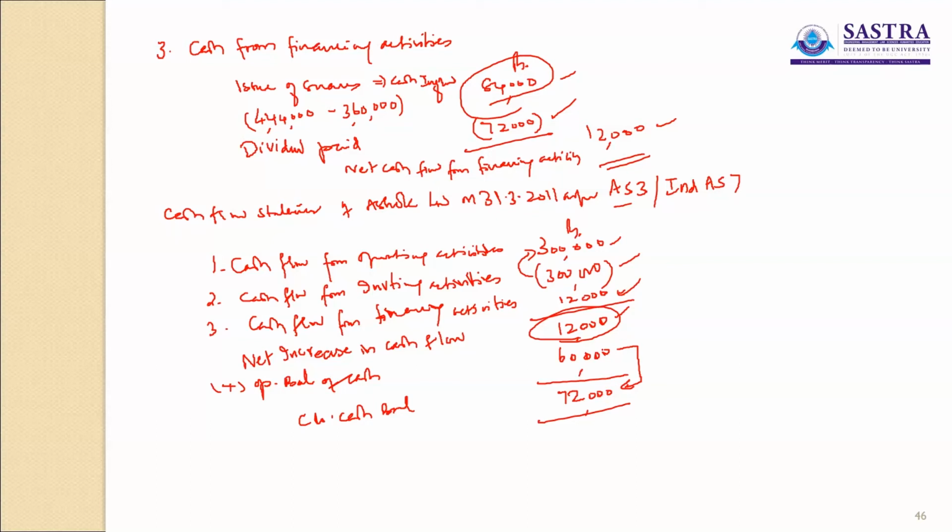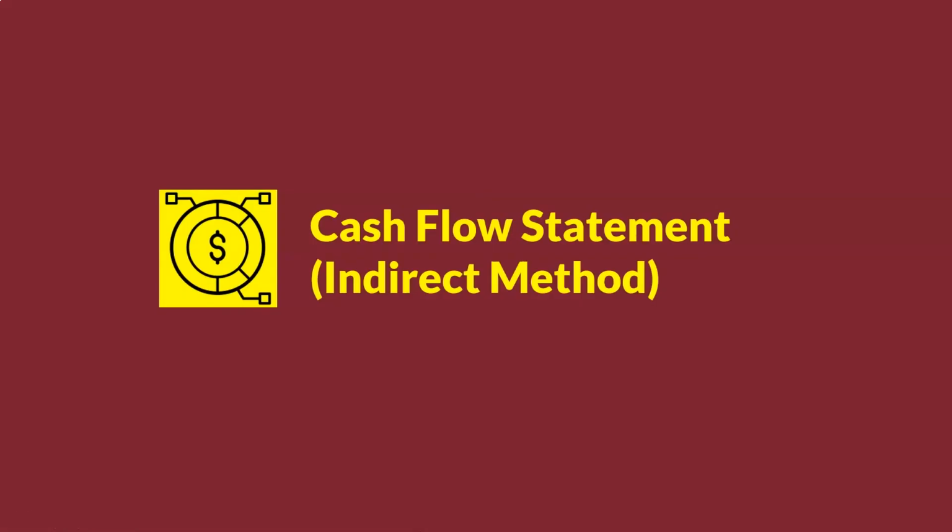Hope now you are in a position to understand the method by which the cash flow statement and the various components of cash flows are to be calculated. Now let us get into the preparation of the cash flow statement as per the indirect method.